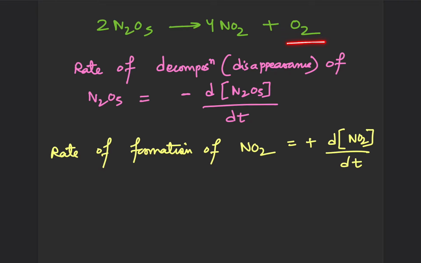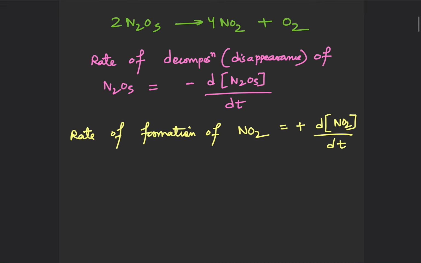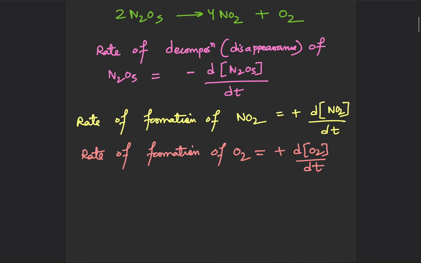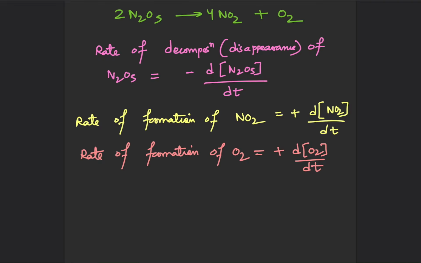Similarly, the rate of formation of O2, again it is one of the products. You can also say rate of appearance of O2. So that is going to be plus d of concentration of O2 by dt, right? So the above rates are not equal to each other.